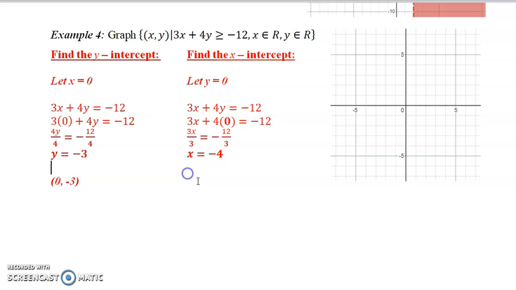So that tells us that our coordinate is negative 4 and 0. So we have the x-intercept and the y-intercept. That gives us 2 points on our graph, and then we can graph the inequality. It's as simple as that.